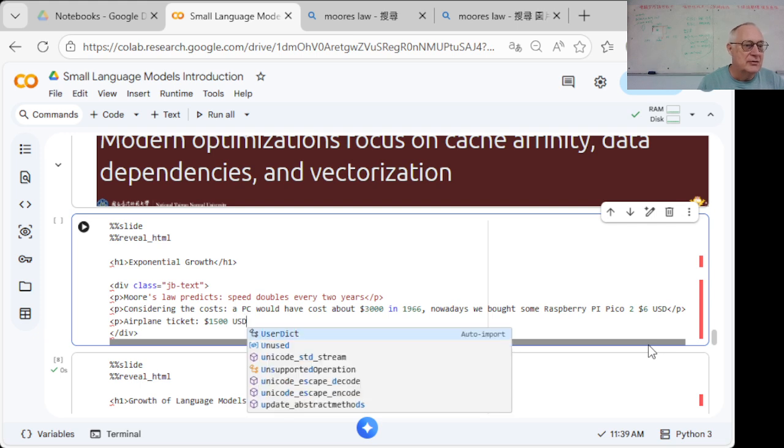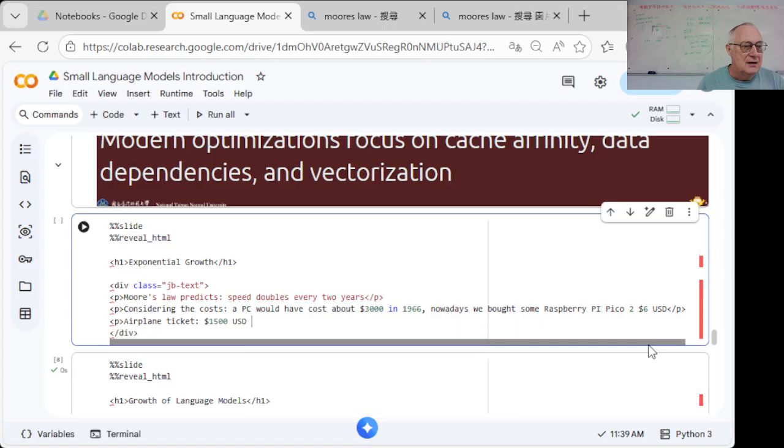We just go approximately here. It would have cost the same in 1996, approximately, because the airplane fares haven't changed that much. And how long does the trip take? 16 hours. Okay.